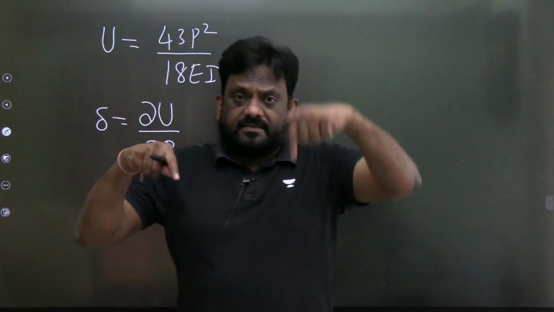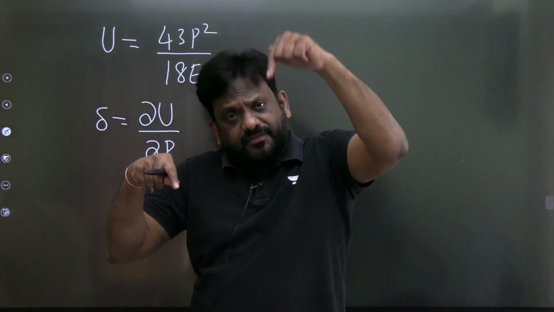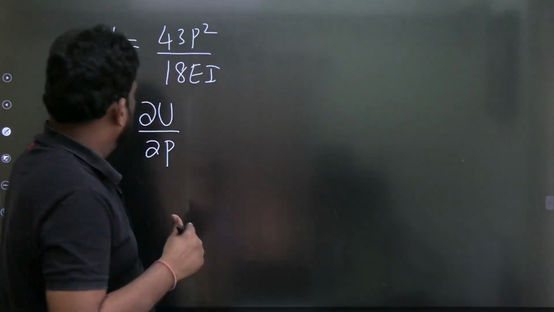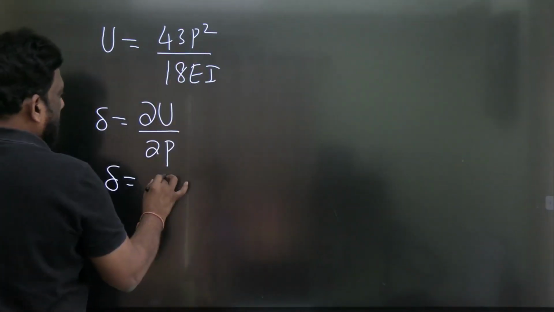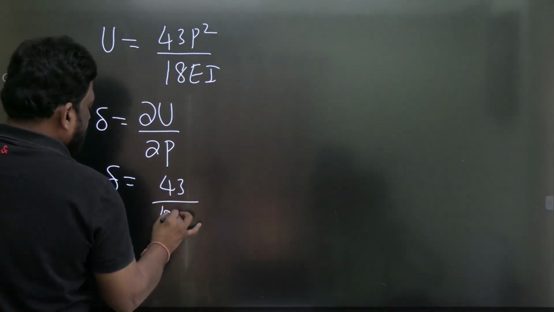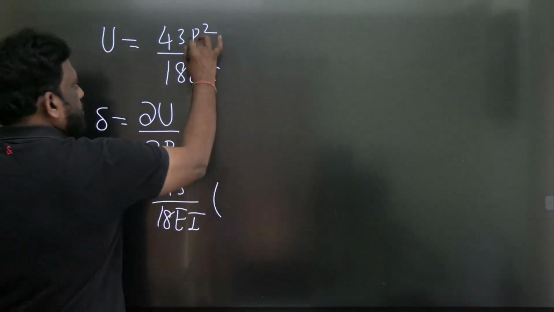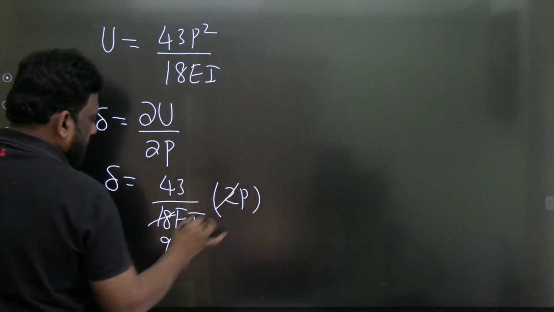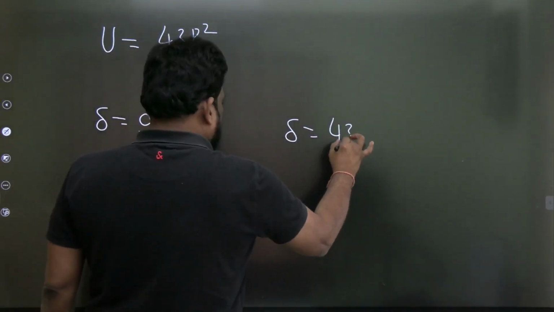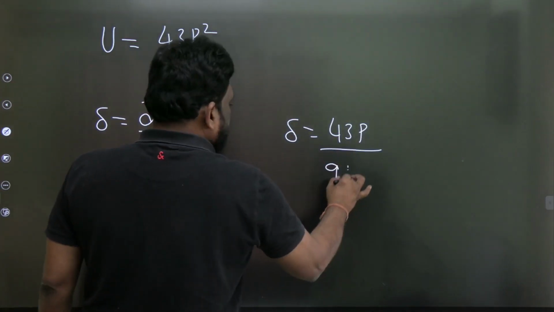Wherever you want deflection, there has to be a point load, and you differentiate with respect to that point load. That is Castigliano's theorem. The differentiation of P square is 2P, so it will be 43P by 9EI.